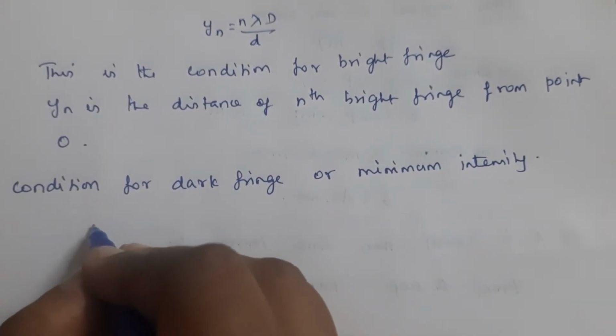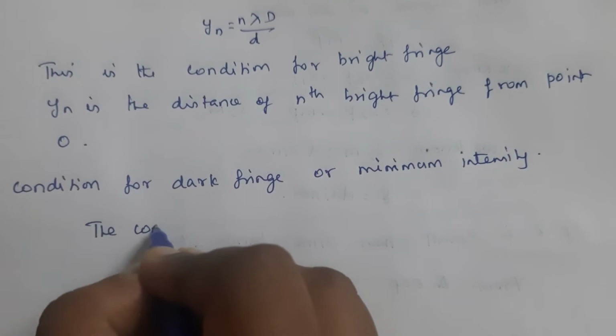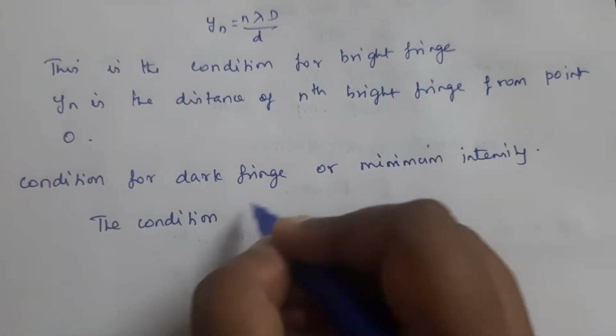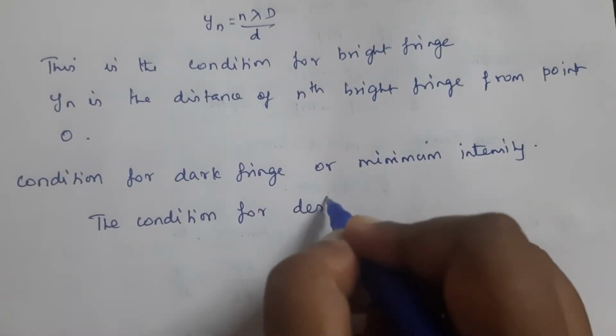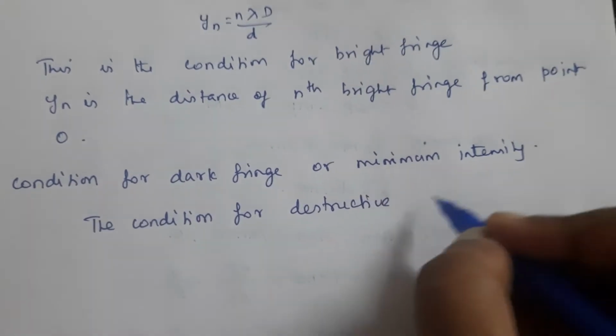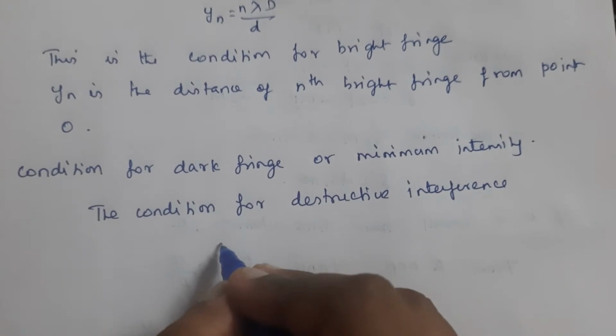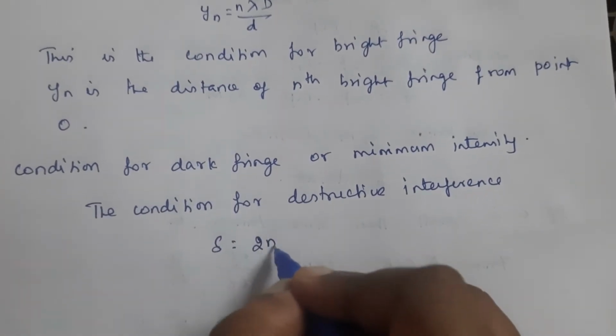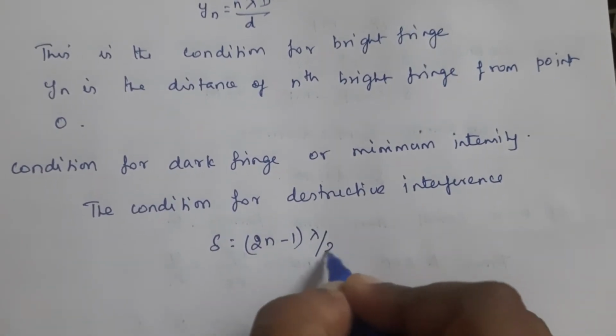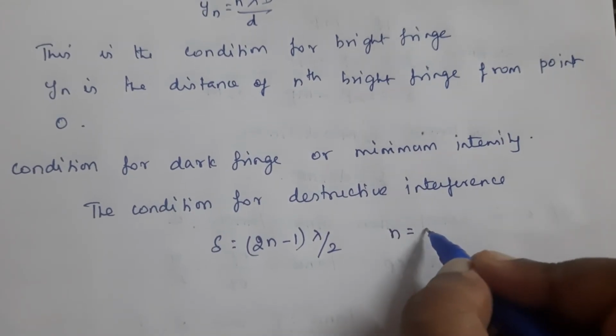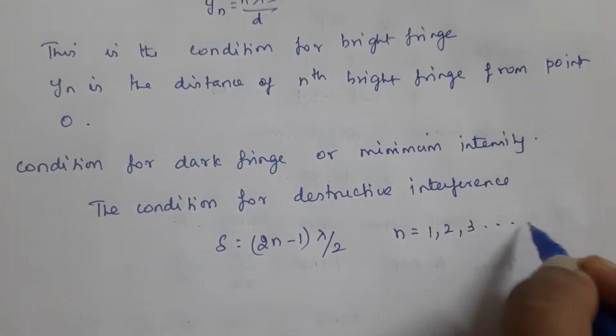So the condition for destructive interference is delta is equal to (2n minus 1) lambda by 2, where n takes the value of 1, 2, 3, etc.